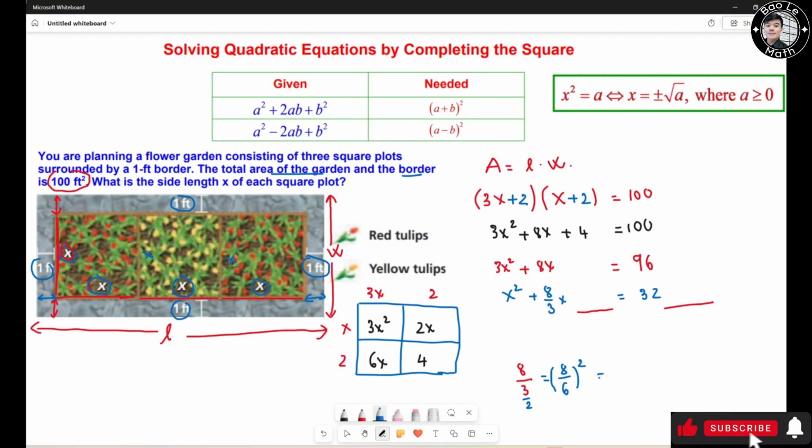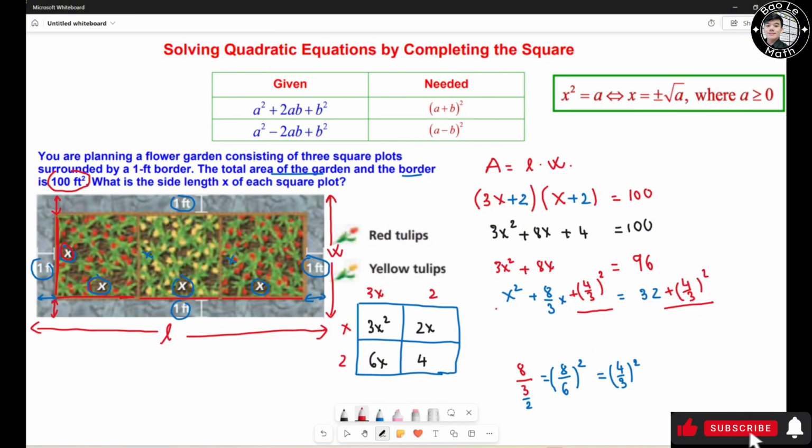Now I need to simplify this. It turns out to be 4 over 3 altogether squared, right? So I need to add 4 over 3 altogether squared, and to this side, I need to add 4 over 3 altogether squared, right?